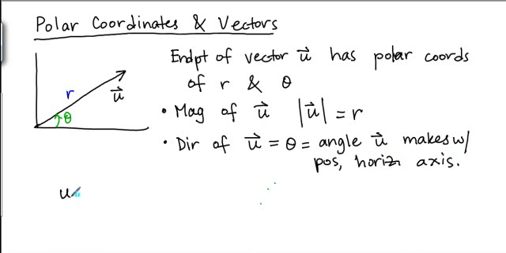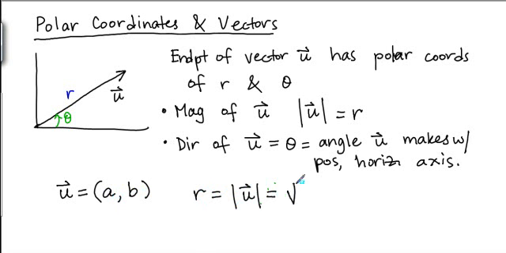So if u has an endpoint of a comma b, where a is the x coordinate and b is the y coordinate, then r, which is the magnitude of u, is the square root of a squared plus b squared.